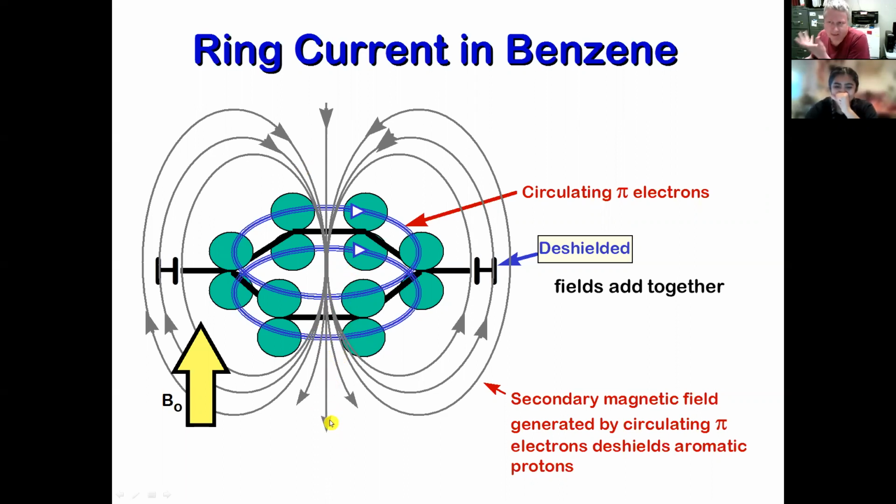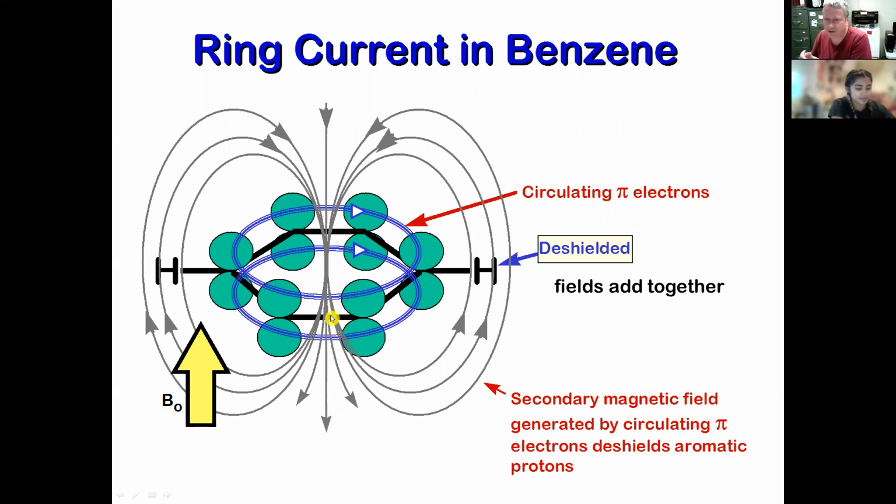And what did we say about opposing magnetic fields? We said an opposing magnetic field is shielding, right? So right in the middle of the benzene is a shielding effect.